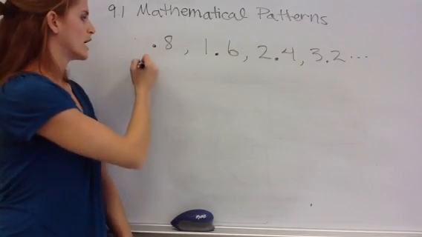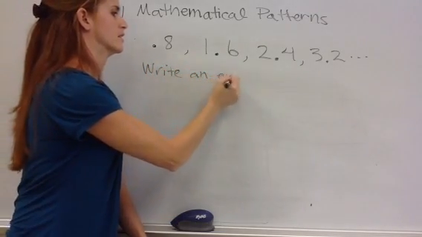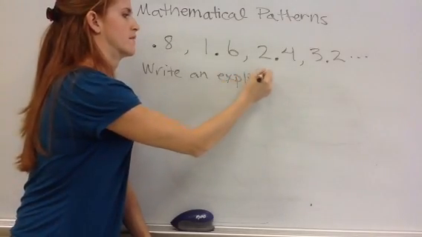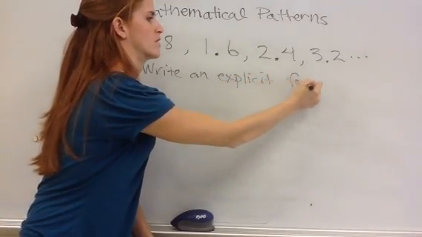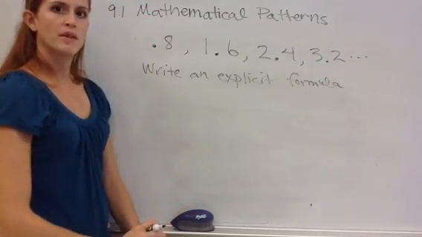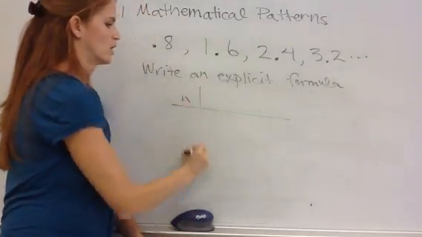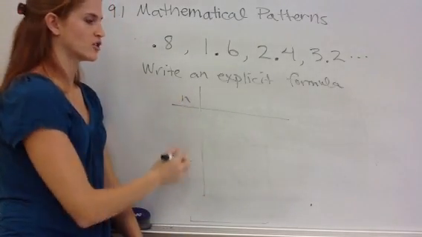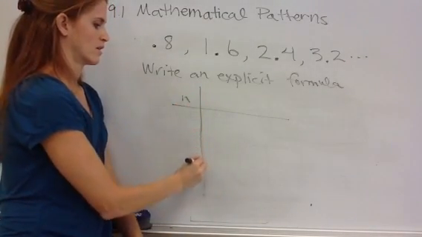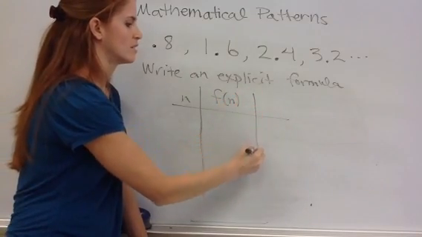This time we want to write an explicit formula. So again, remember to come up with the explicit formula. This is where we make our little chart, where these represent the nth terms in the sequence. Over here is what we're going to do to n, and on this side it's going to be our outcome.